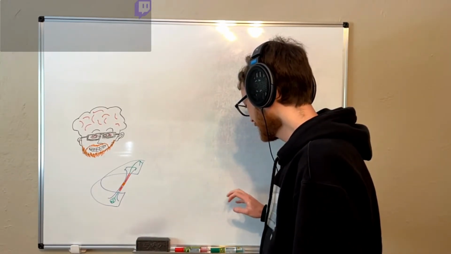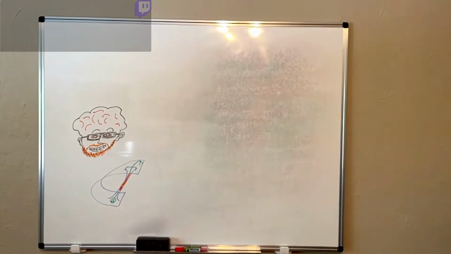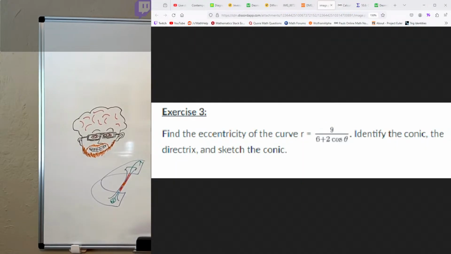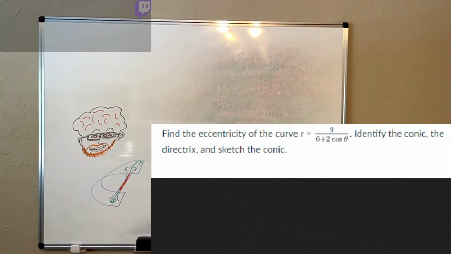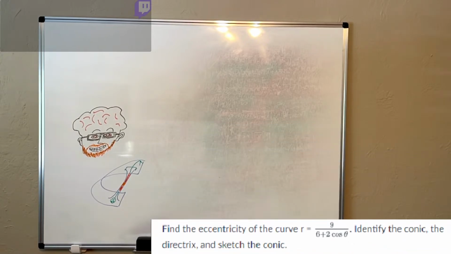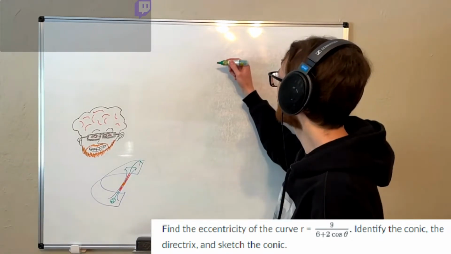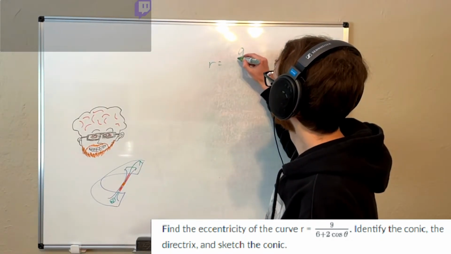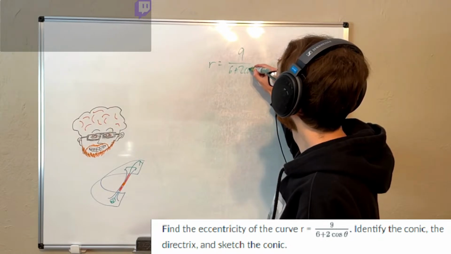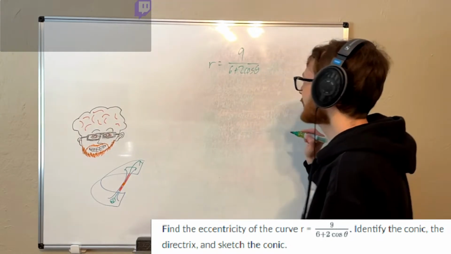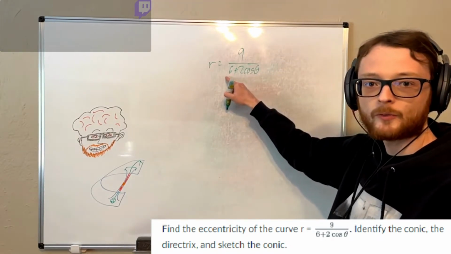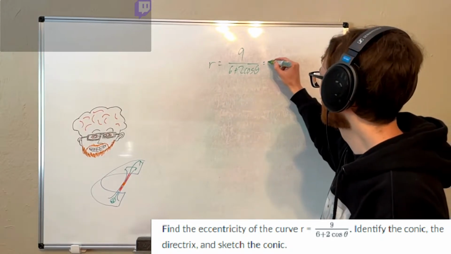Okay, let's do green. So we have, actually, let me get this in the corner. There we go. 9 over 6 plus 2 cosine theta. Okay, so first things first, I want to factor the 6 out so that this becomes a 1 in the denominator.